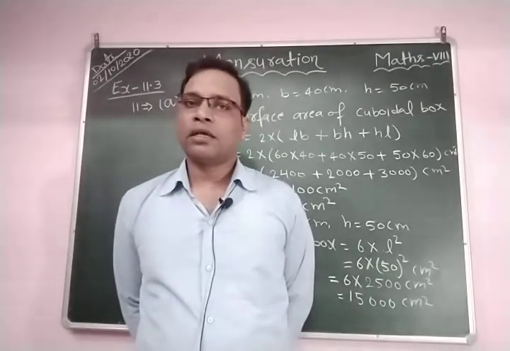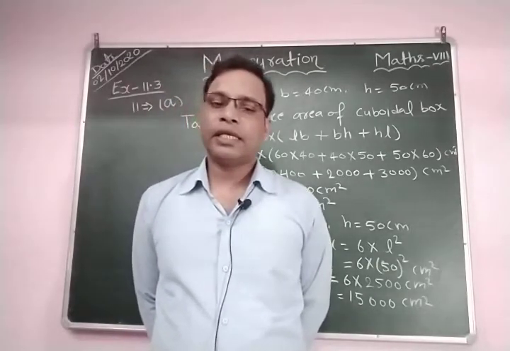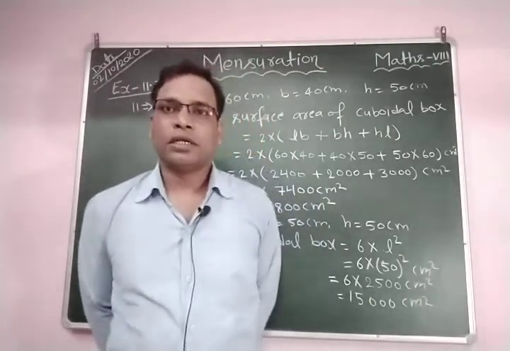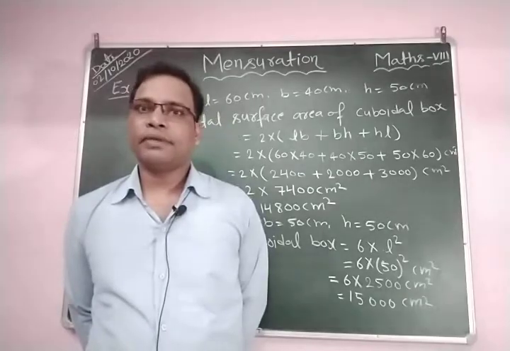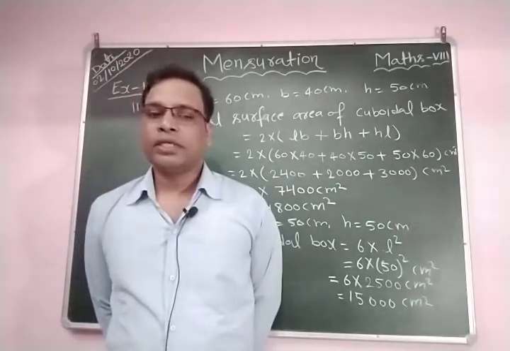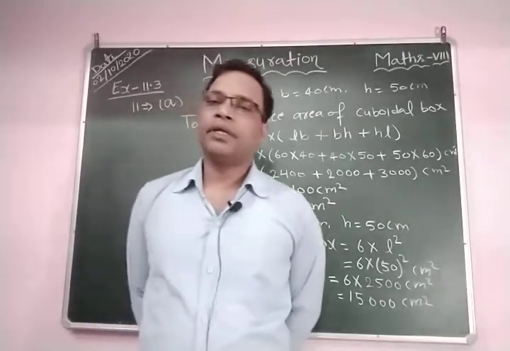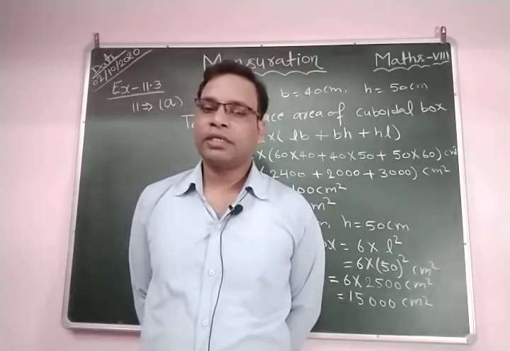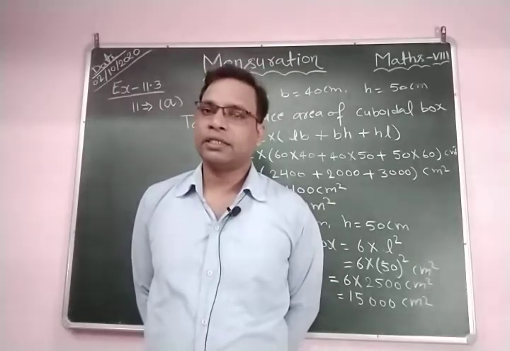cuboidal. Okay. Here length, breadth and height are given, but the cloth is an area, this is 2D. So here the breadth of the tarpaulin cloth is given, 96 centimeters, and we need to find its length. Okay.